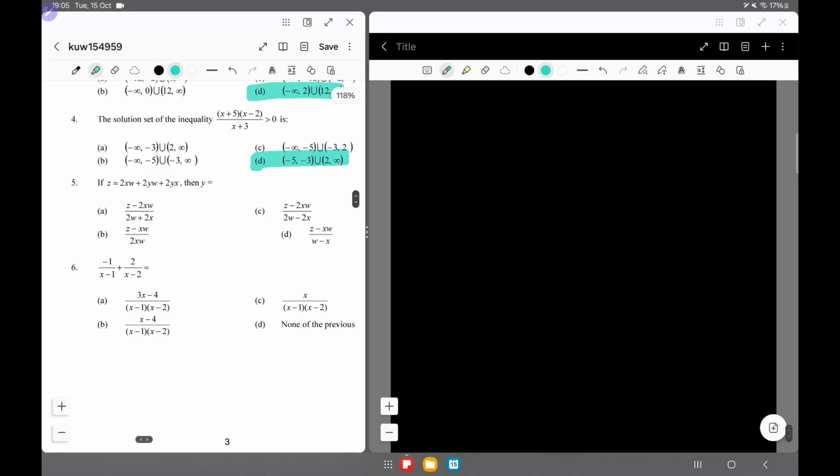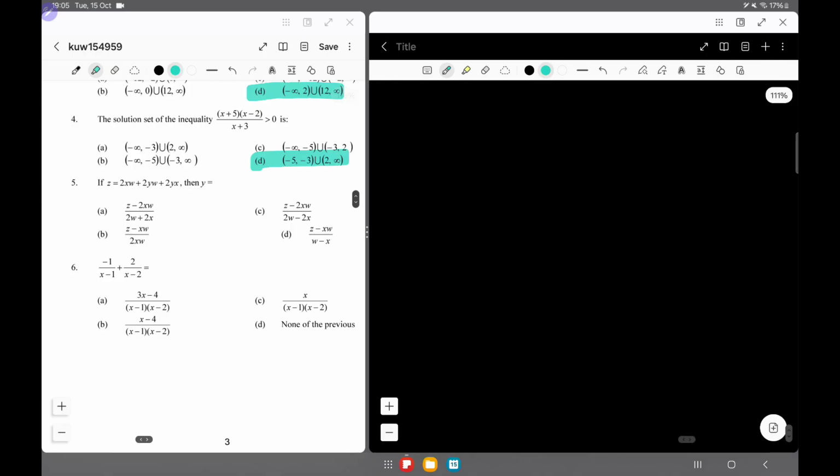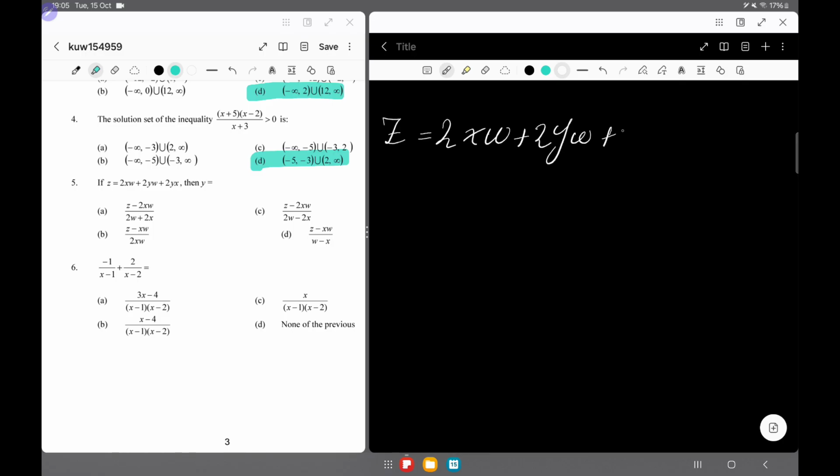Next question. If z equals 2xw plus 2yw plus 2yx, find the value of y alone.